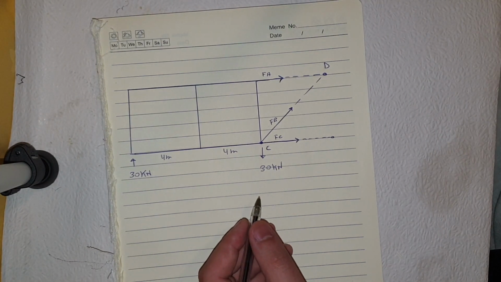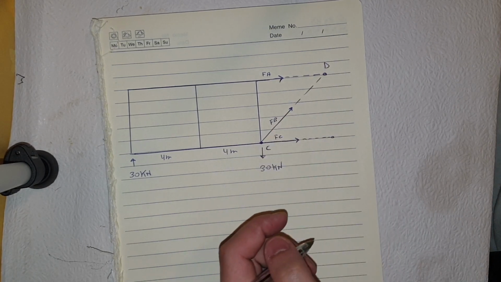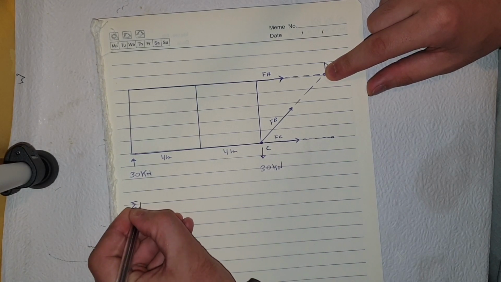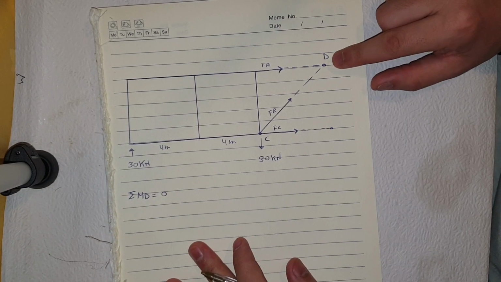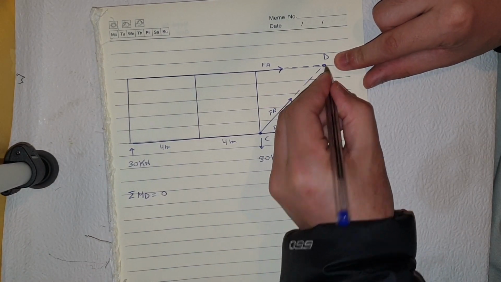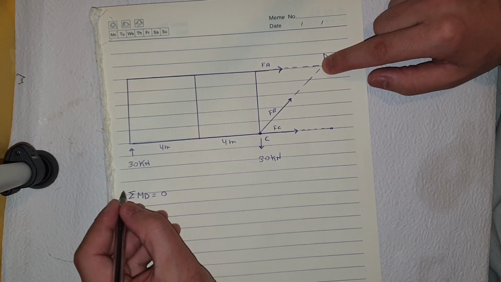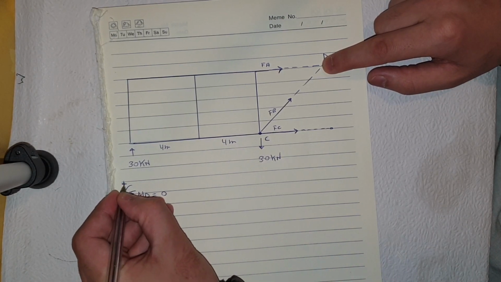To find the member force FAC, we need to take a moment at point D. So now I'll take summation of moment at point D first. It's equal to 0. Here's our moment now. I will assume that anti-clockwise is positive.